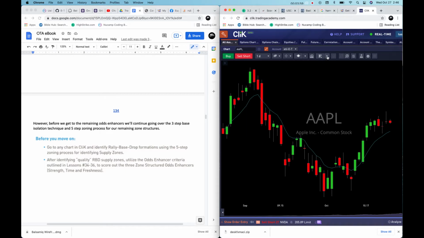So then you're going to use your vertical lines or your timeline. You place a line on the leg in, you place a line on the leg out, which we can clearly see is a leg out candle, and this will isolate your base.